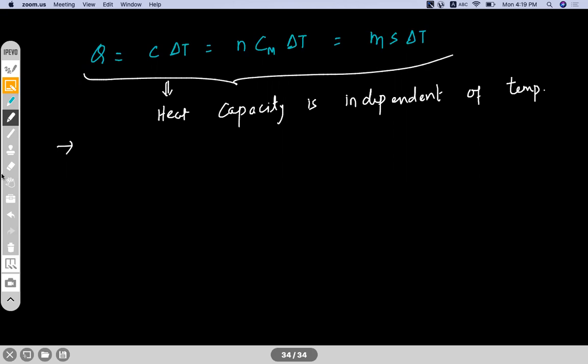Okay, this is one thing. So what I said, if the relation of specific heat capacity and temperature is not given, you have to take it as constant. Okay, fine.